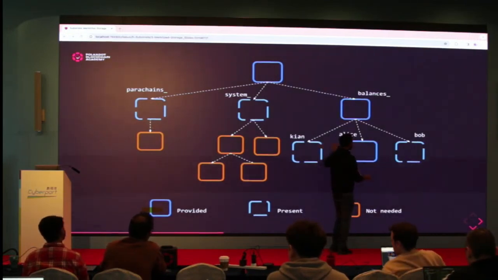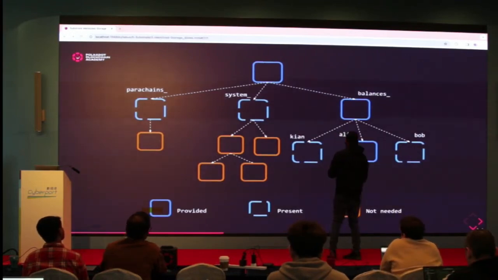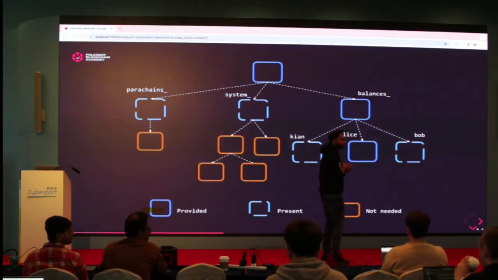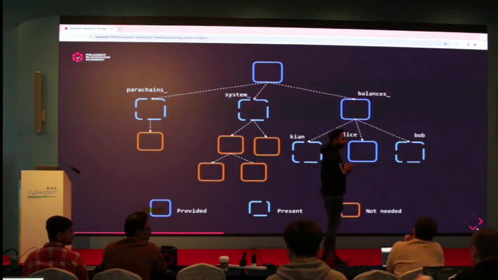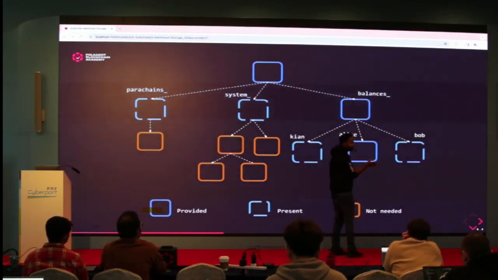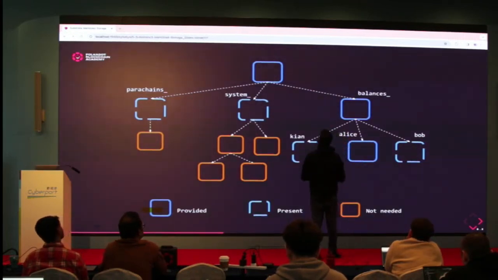So we are trying to prove that Alice has this balance, right? In this case, we will need to check the hash of Alice, Bob, and Kian together and make sure that they are equal to balances, right?